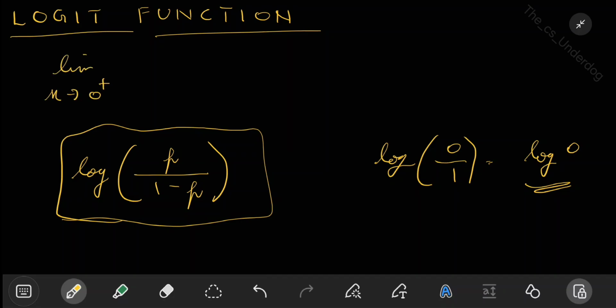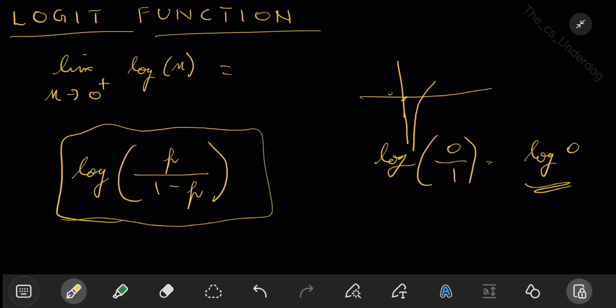That is, if you approach 0 from the positive side, what is the value of log x? In the graph of log x, as you approach 0, the value will go more and more negative. But it is not possible to reach the value 0.